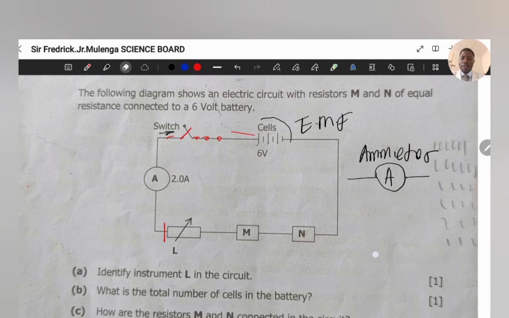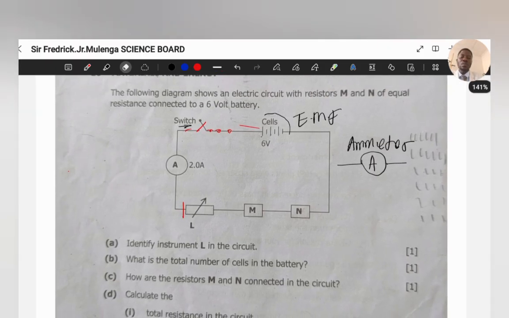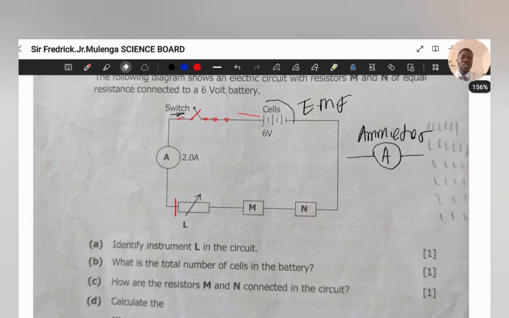Now, we've looked at those terminologies. Now I want to run through some of the principles you should take note of when you have components arranged in series.